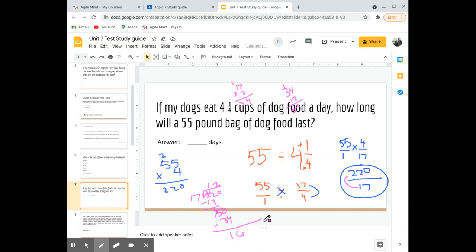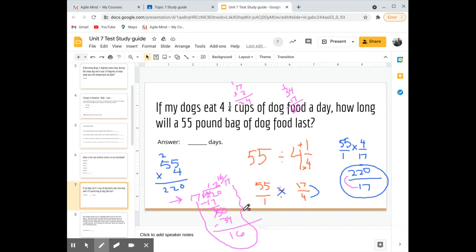All right. So we get 12 and 16 what? 17s. Yeah, because it's your divisor. The denominator is going to be that divisor. So we got 12 and 16 17ths.